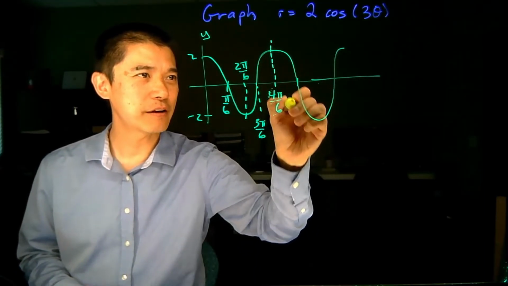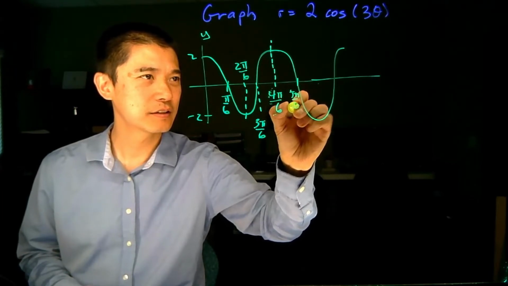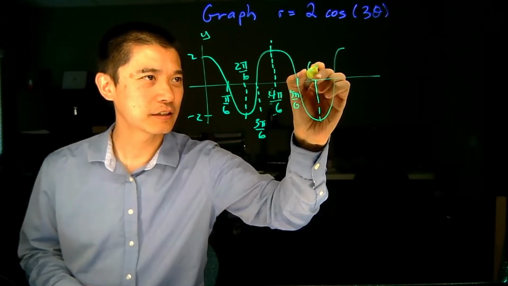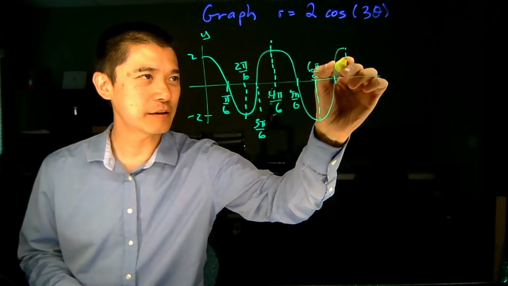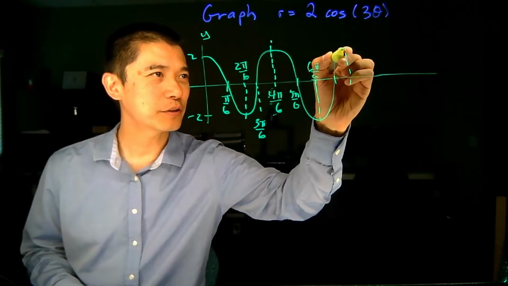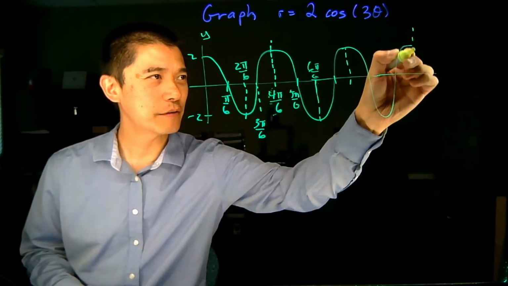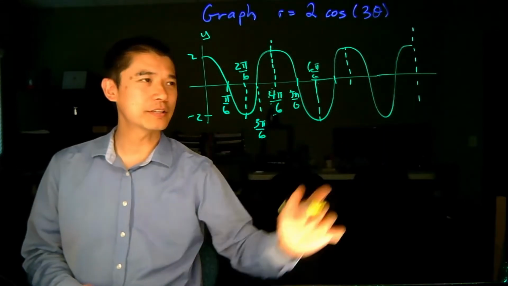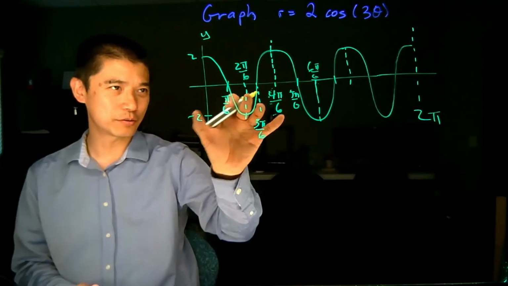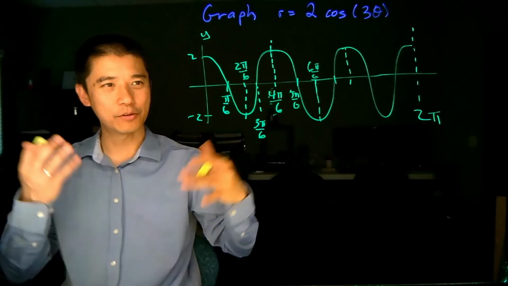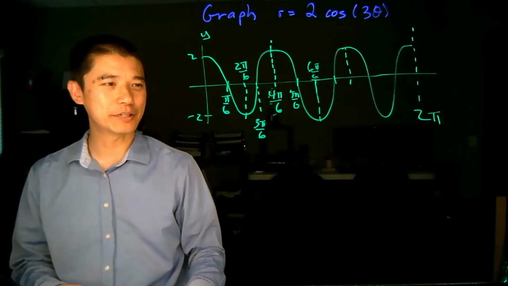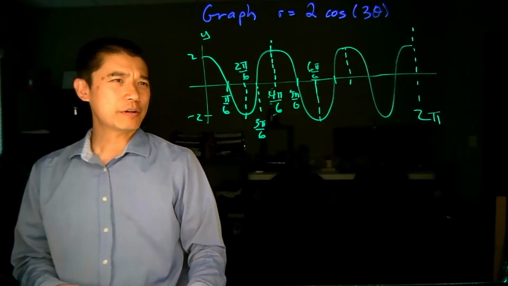So 5 pi over 6, 6 pi over 6, 7 pi over 6, 8 pi over 6. In fact, in order for us to get to 2 pi, we have to go through 3 full cycles of this. So there's 2 pi. We have to go through 3 full cycles because the vibrations are increased by a factor of 3. So here's where it gets a little bit tricky.